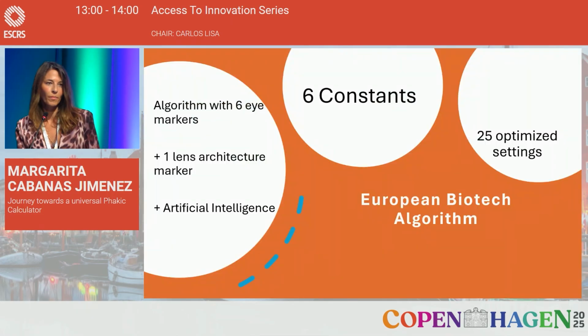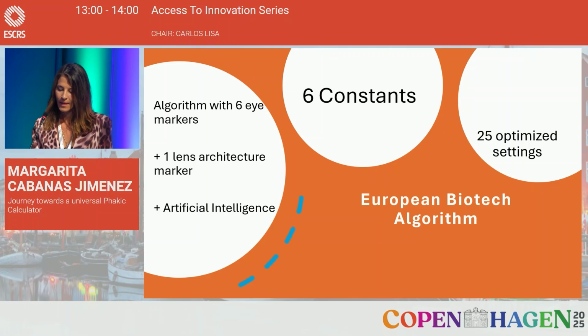And what are the key components of this formula? It has 6 ocular markers, 1 lens architecture marker, 6 different constants, 25 adjustments, and AI with machine learning that predicts vault even without ciliary. This last point is particularly relevant as the algorithm shows a lot of accuracy for highly accurate estimations in most cases.